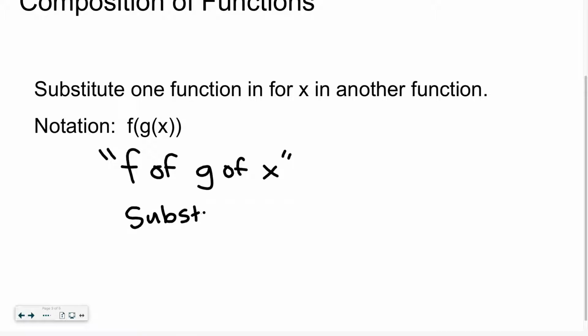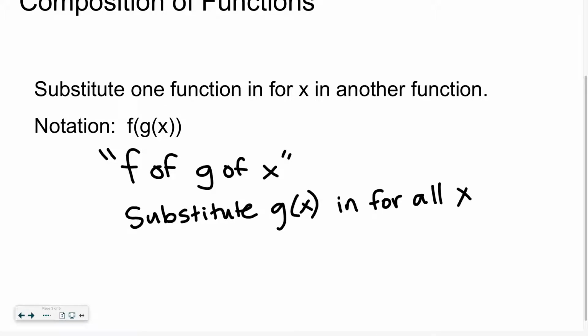That one means substitute g of x, a function, whatever g of x is equal to, in for all x in f of x.